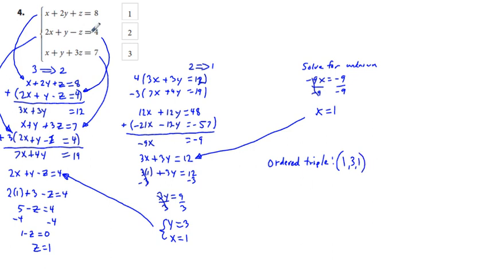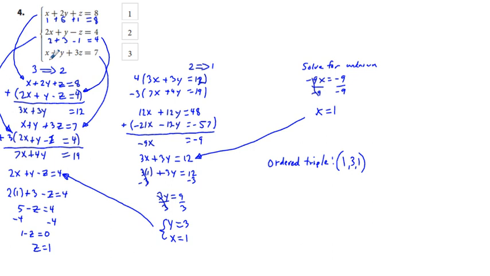Okay, let's go ahead and try this out. If we have x equals 1 plus 2 times 3, that's going to be 6, plus 1, that's going to be equal to 8. Check. If we have 2 times 1, that's going to be 2, plus 6, that's going to be 8. 2 plus 3 minus 1, that's going to be equal to 4.